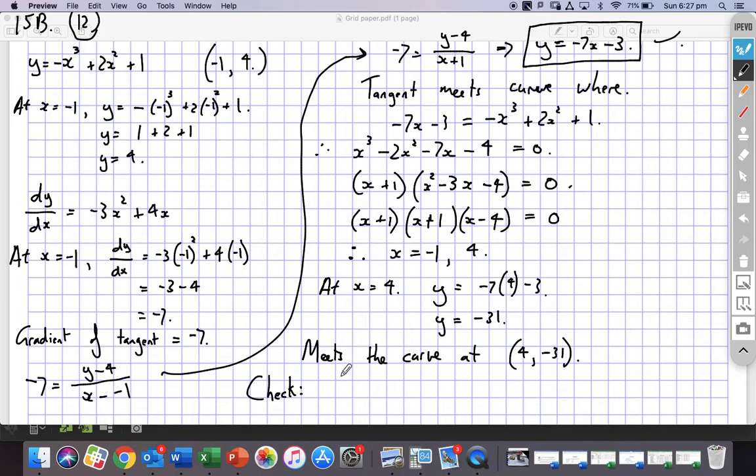I'm going to write it out. y equals minus 4 cubed. 4 cubed is 64, so we've got minus 64 plus 2 times 4 squared. So I had minus 64 plus 32. That would be minus 32, minus 32 plus a 1 equals minus 31. So, yeah, it worked. Good.